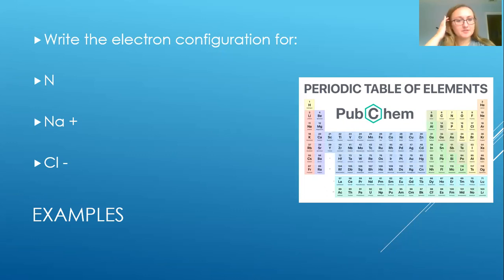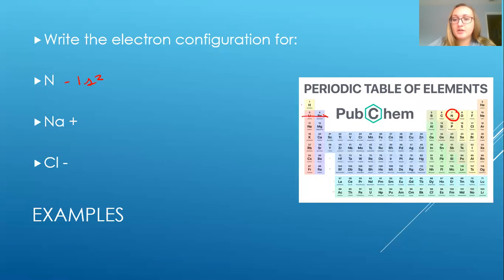Let's do some examples. Write the electron configuration for nitrogen. Okay. I'm going to start at the beginning of the periodic table. I move through the first row. 1s2. Then I'm going to move through the second row.